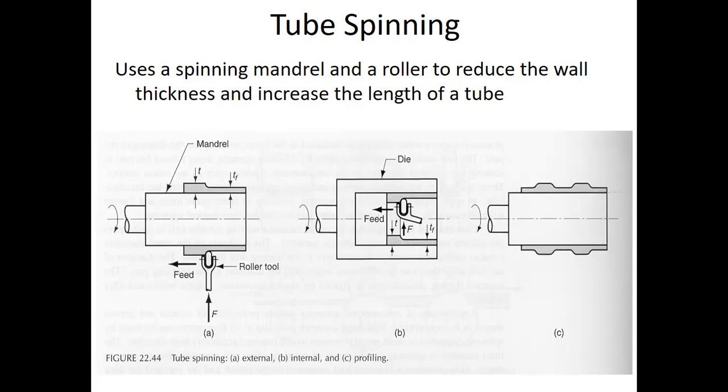The speed at which it is moving, for example, 2 mm per second or 3 mm per second. The speed of work actually depends on the speed of the roller, right? And how well it is interacting with the material. That is also another aspect, that is, is it able to form that shape, right? And so that is how you get those kinds of components in tube spinning. We have hollow structures.